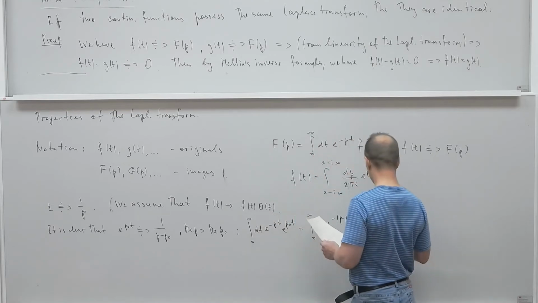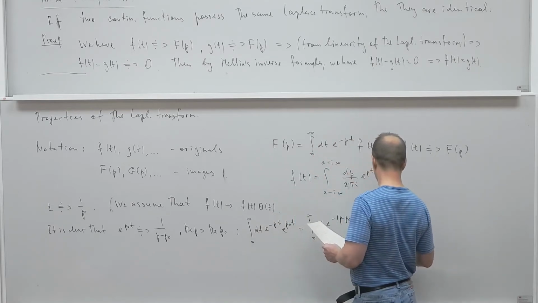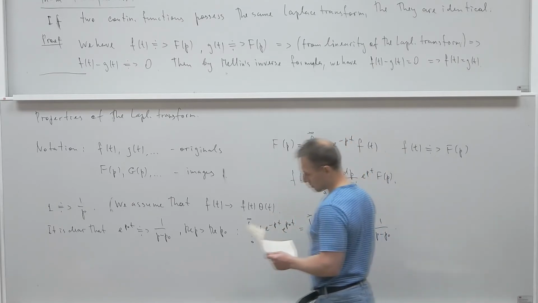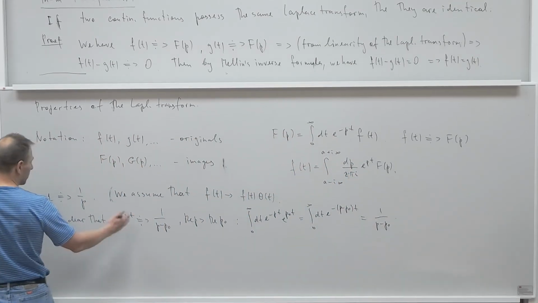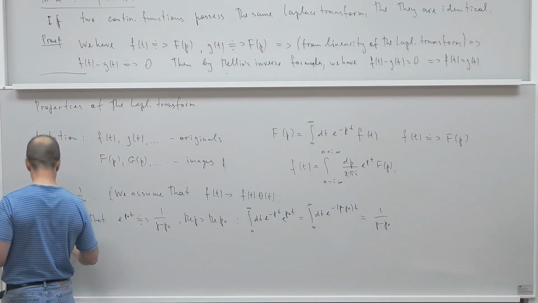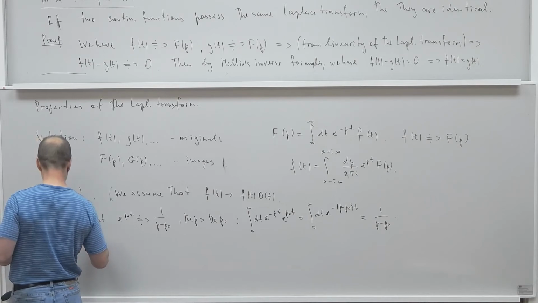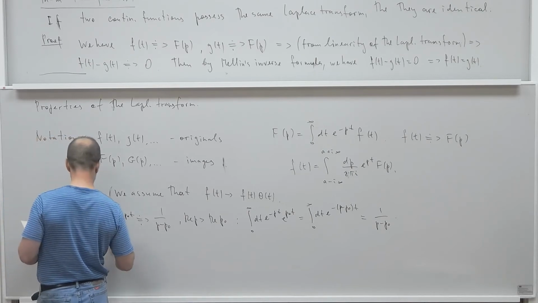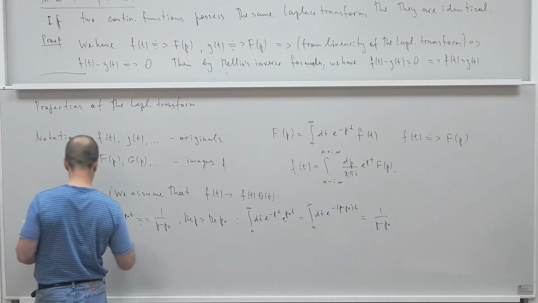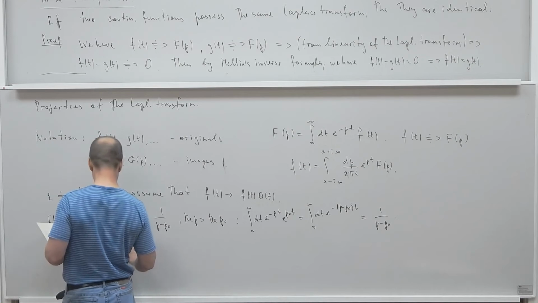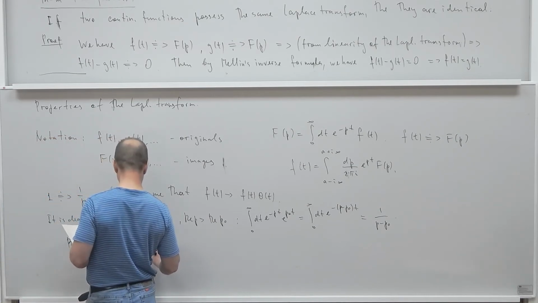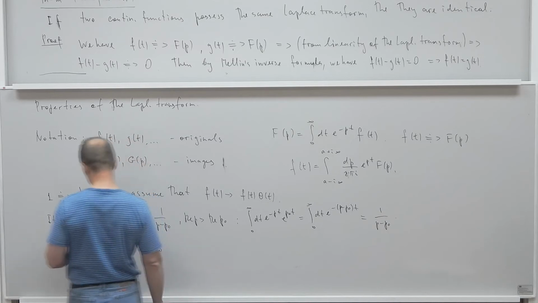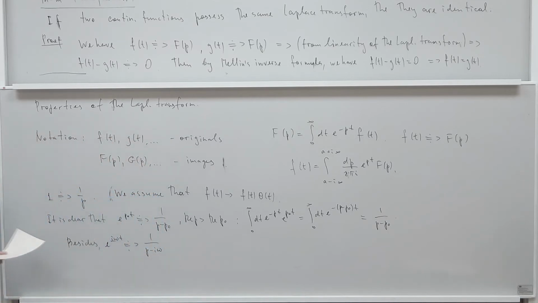It is equal to 1 over p minus p0. Besides, in the particular case of this formula, such an exponent is transformed into 1 over p minus i times omega.